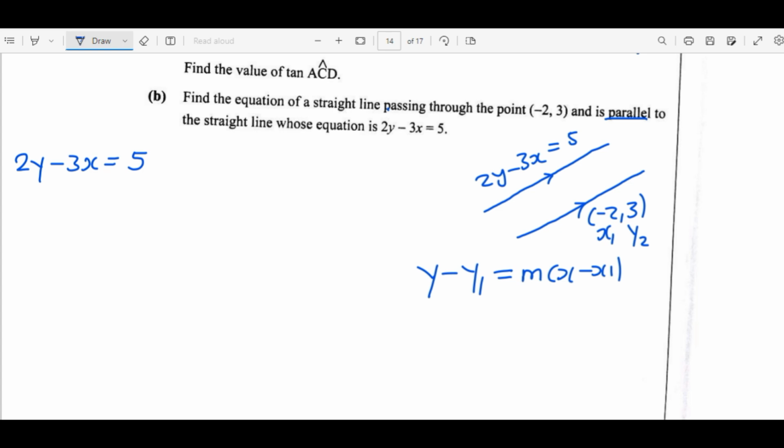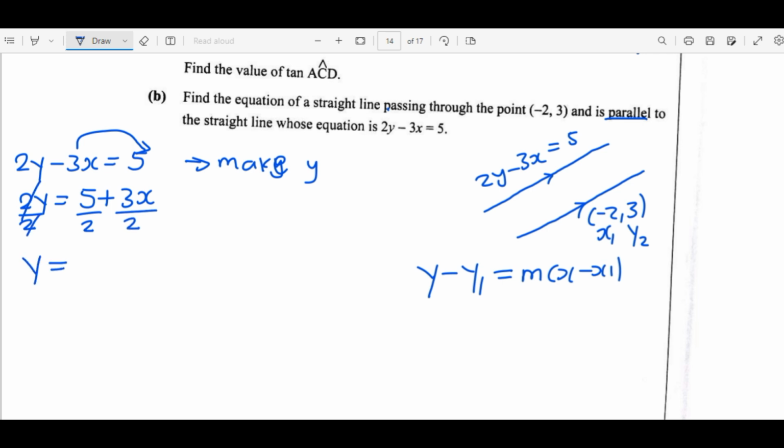So the first step here is to make y the subject of the formula. Anything without y, we shift to the other side. So negative 3x will go to this side, giving us 2y is equal to 5 plus 3x. Then to isolate y, we divide by 2, also 2, also 2.